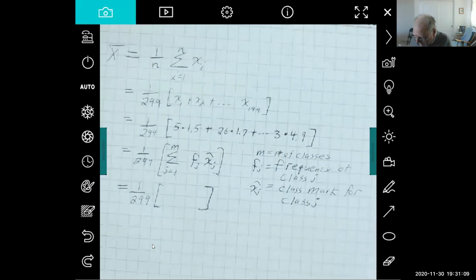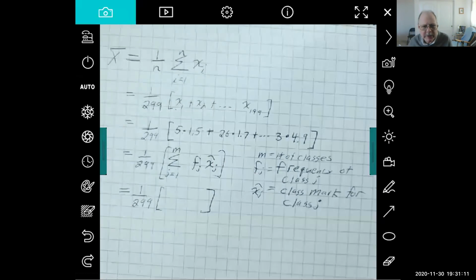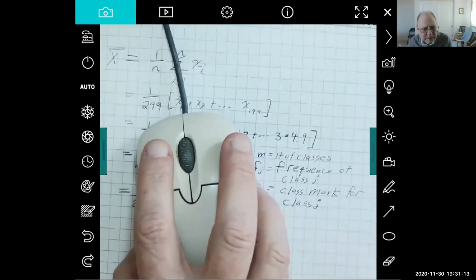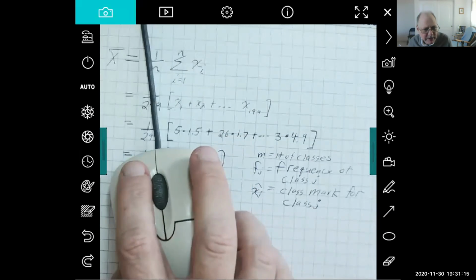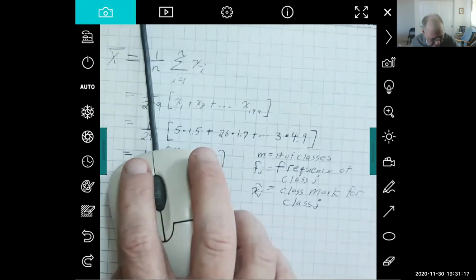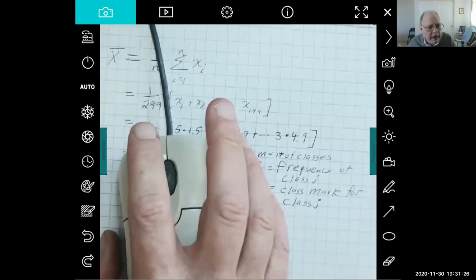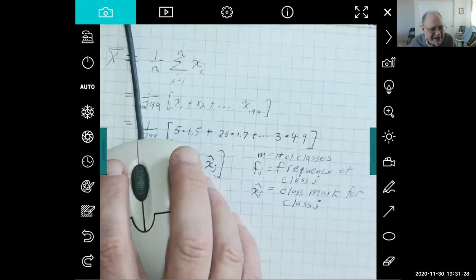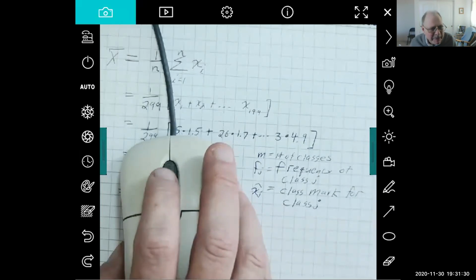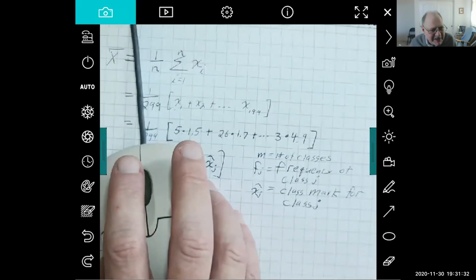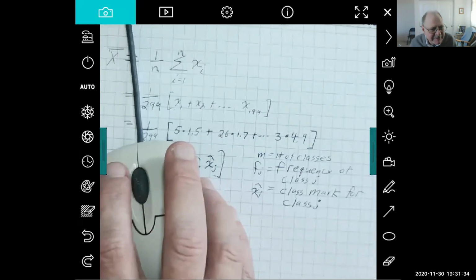Oh, and I just want to fill in the number here, that sum. Let me get that real quick. You don't need to see this; I'm just adding up all my FJ, XJs in Excel.